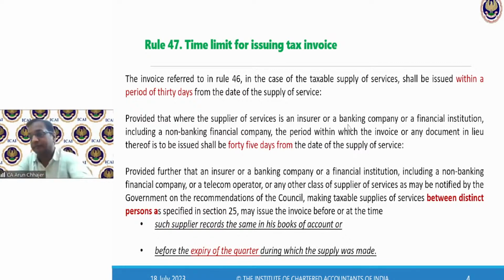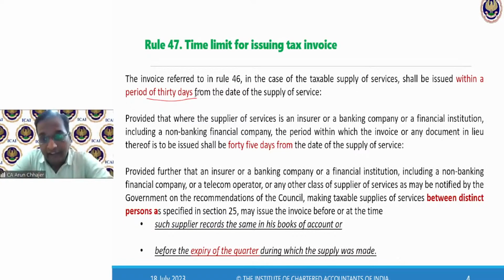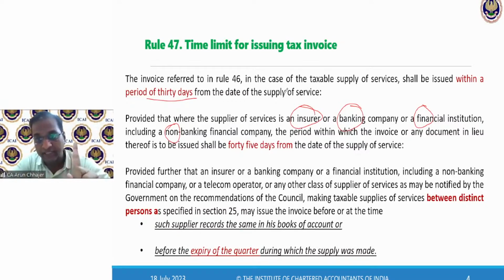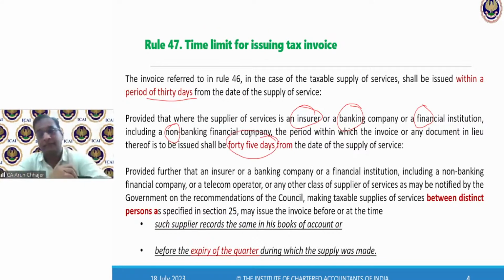And if the supplier is a banking company, financial institution, NBFC, or insurance company, remember the 4 names: insurance, banking, FI, and NBFC, in this case they have the time limit of 45 days.